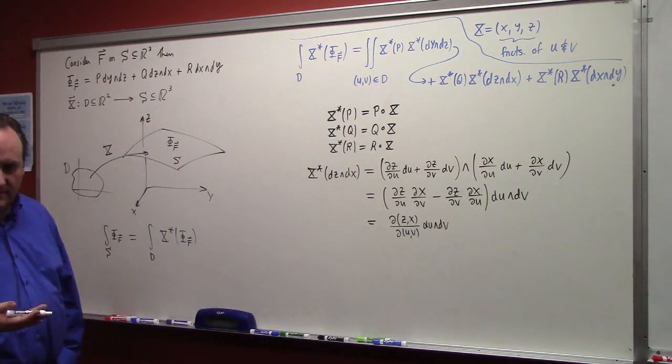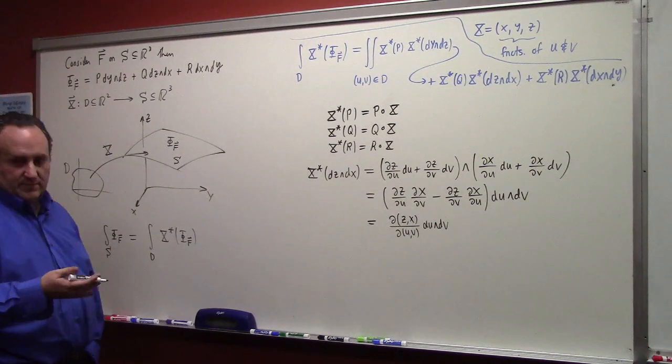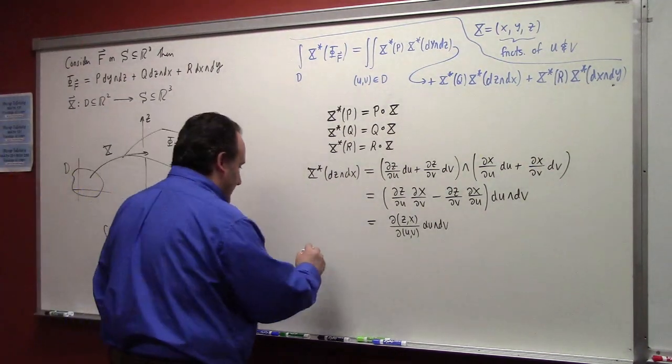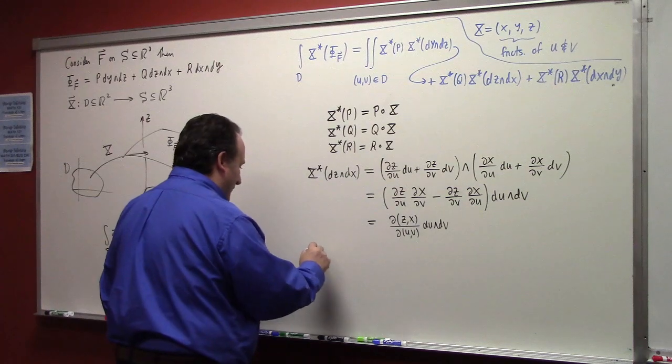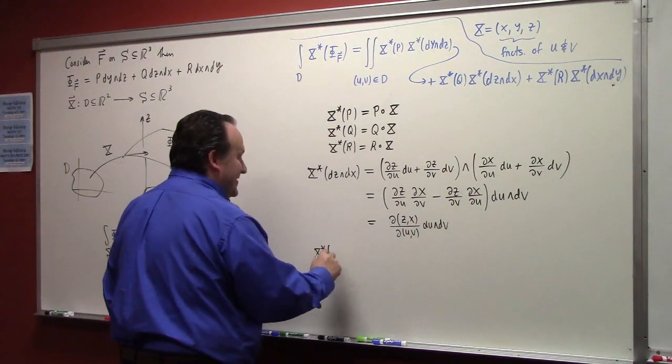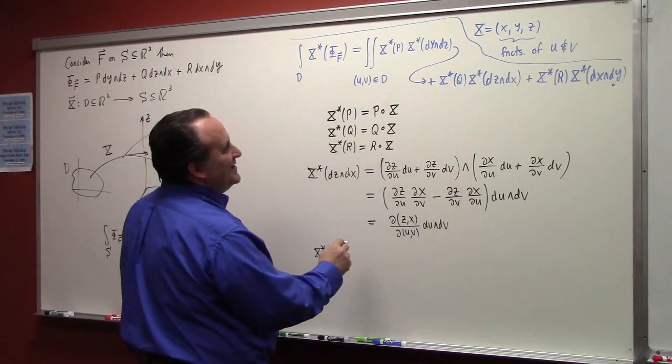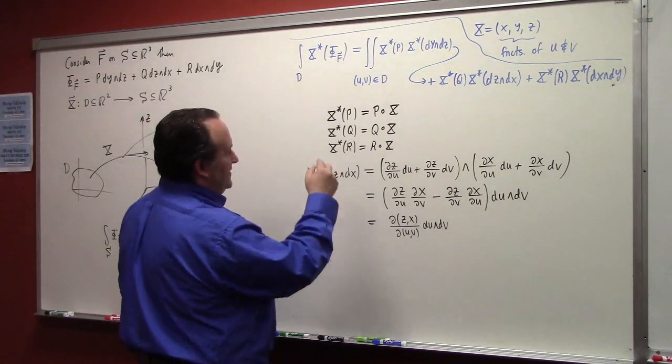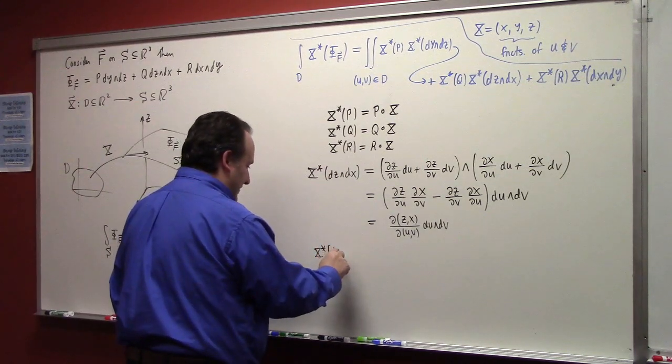And a similar calculation holds for the other 2 forms, right? The pullback of, oh, I guess I should have done dy wedge dz, right?